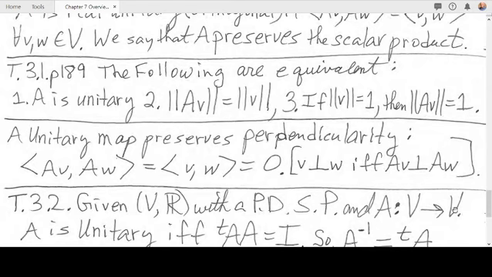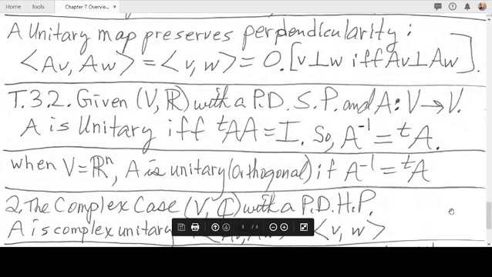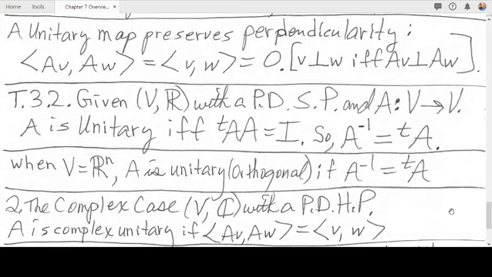Okay. Theorem 3.2. Given V over R with a positive definite scalar product and operator A, turns out that A is unitary or orthogonal if and only if the transpose of A times A equals the identity. What's that? That's the definition of an inverse.